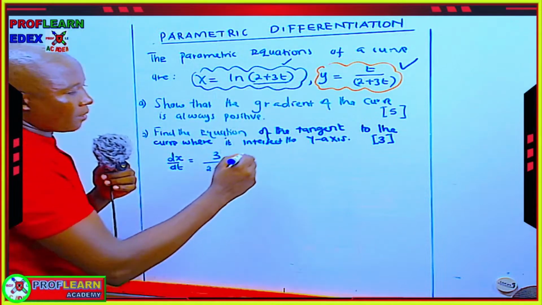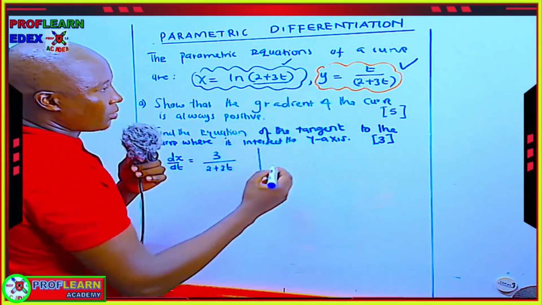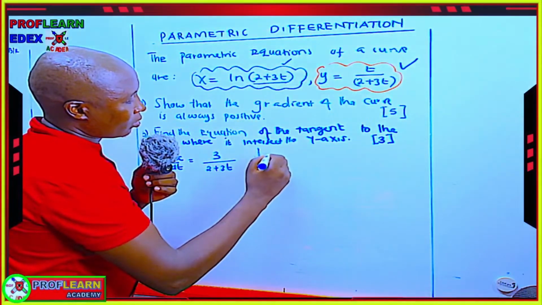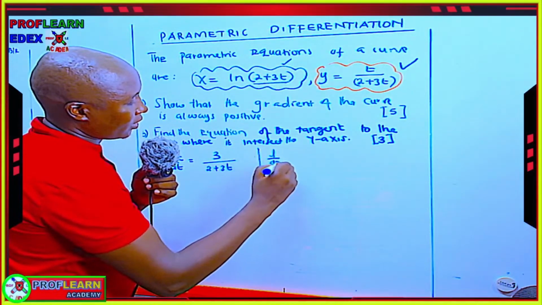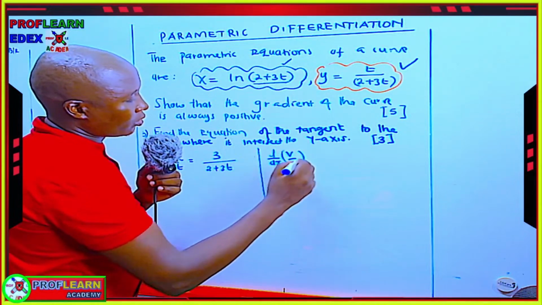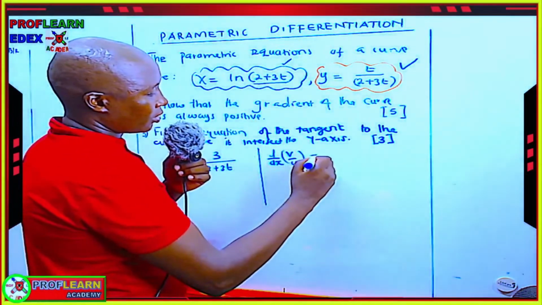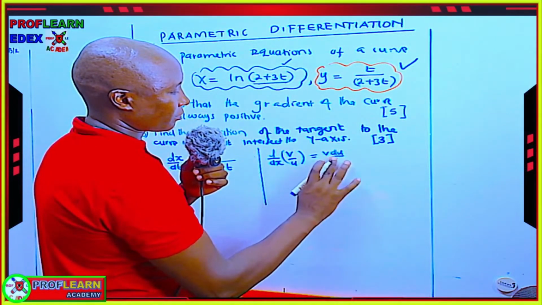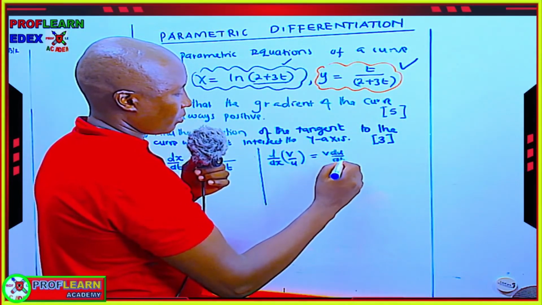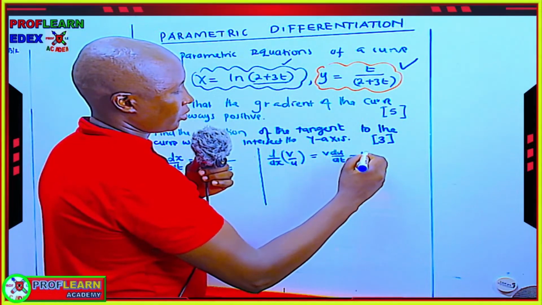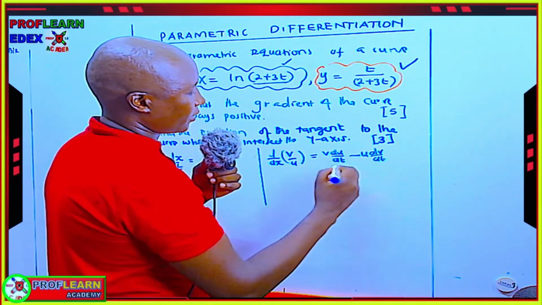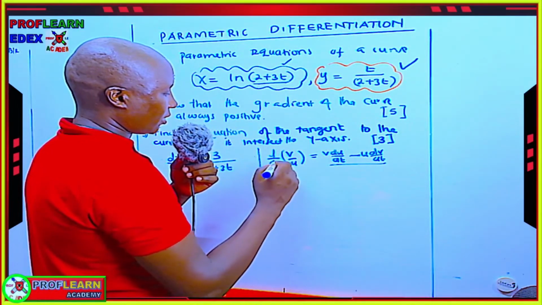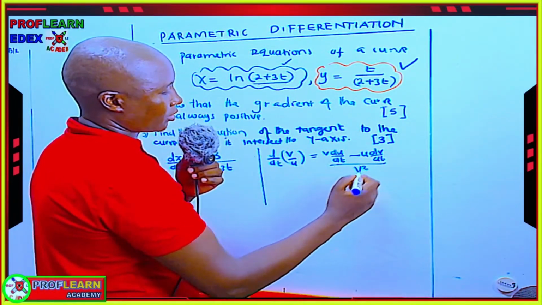We managed to differentiate the first function. For the second function that we have here, we're going to use the quotient rule in order to differentiate it. Remember, the quotient rule: when two functions are divided, d/dt of u over v is going to be v du/dt minus u dv/dt, all over v squared.